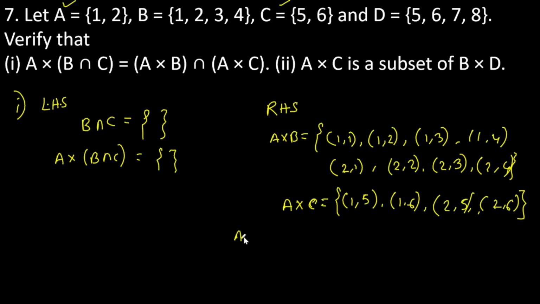So now you have to find out A cross B intersection A cross C. So is there any common element? 1, 1, there is no 1, 1; 1, 2, there is no 1, 2; 1, 3, there is no 1, 3; 1, 4, there is no 1, 4; odd pair, 2, 1, there is no 2, 1; 2, 2, there is no 2, 2; 2, 3, there is no 2, 3; 2, 4, there is no 2, 4. So here also we get phi, means empty set.